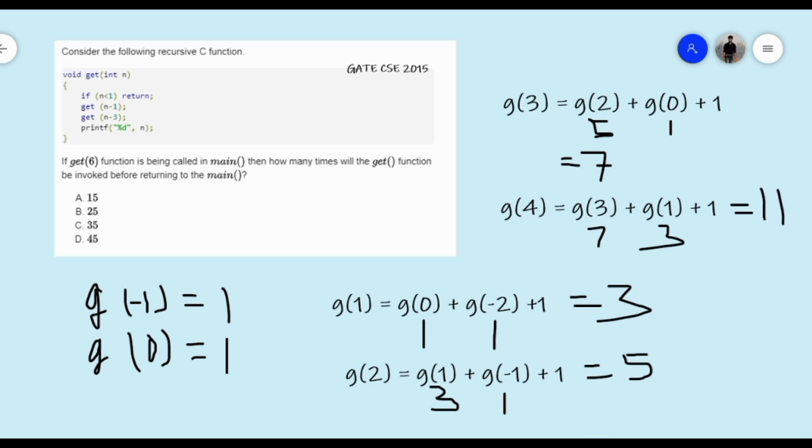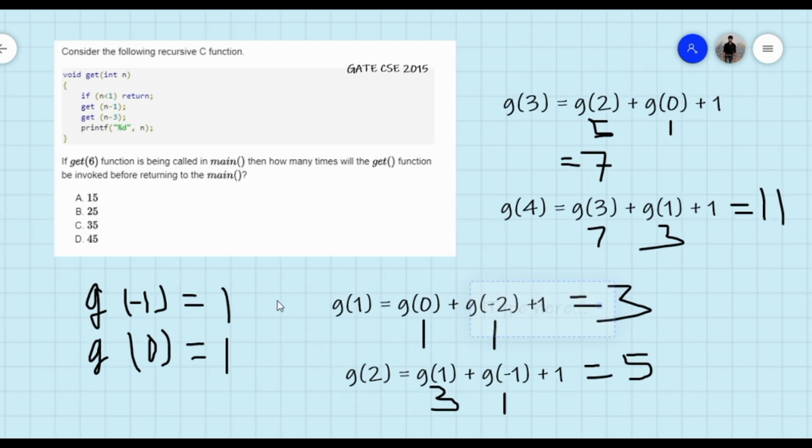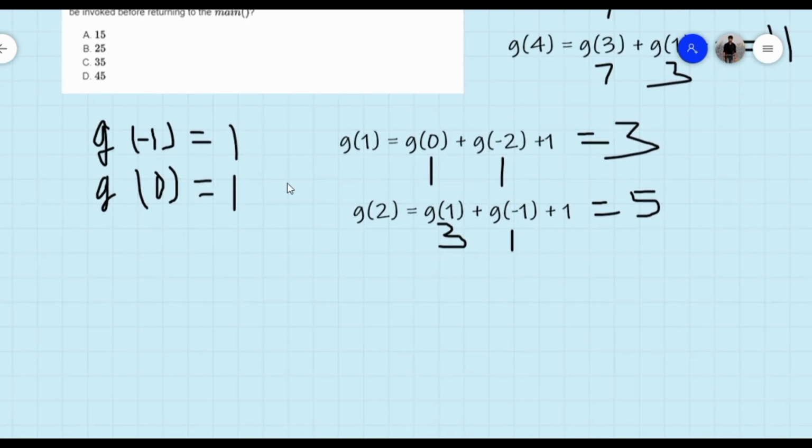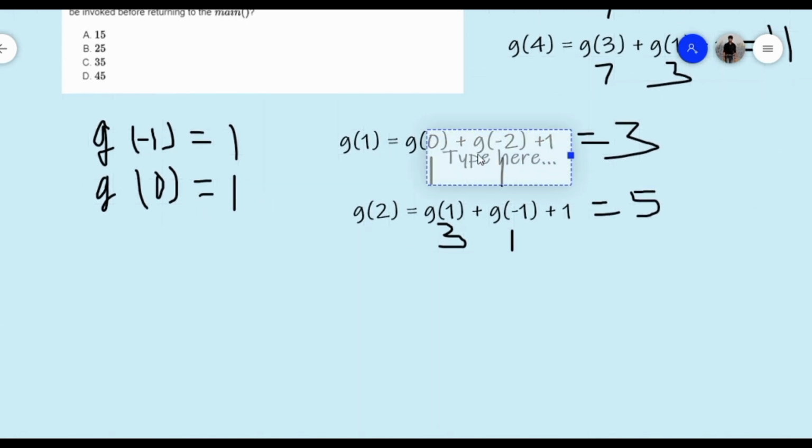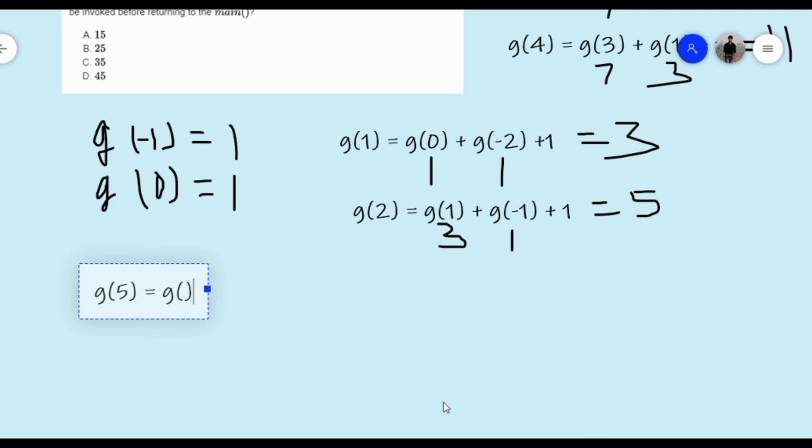Now for g of 5, we have g of 4 plus n minus 3, that will be g of 2, plus 1.